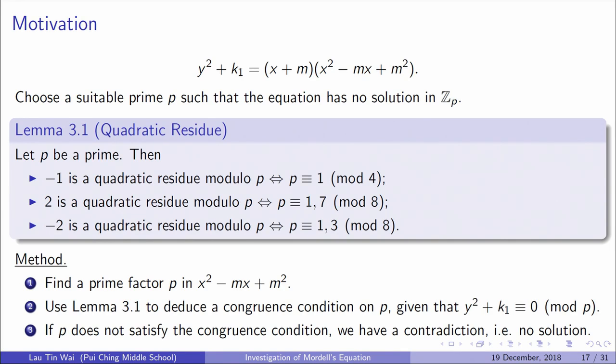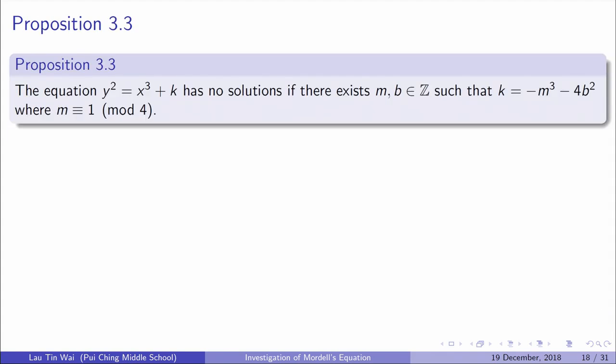Firstly, I find a prime factor in here, x squared minus mx plus m, and use lemma 3.1. I can deduce a congruence condition on p as shown here. If p doesn't satisfy the congruence condition as shown here, then the equation has no solutions. I will illustrate my method using Proposition 3.3.